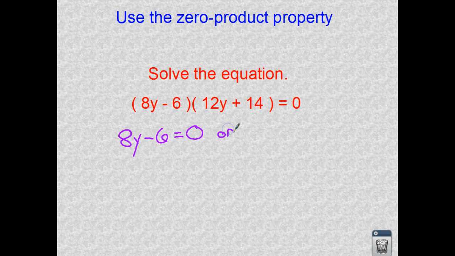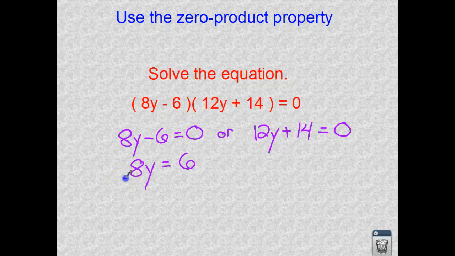Or let's get the second possible root and solve. All right, so add 6 to both sides. Divide both sides by your coefficient. So y is equal to the reduced form of 3/4.